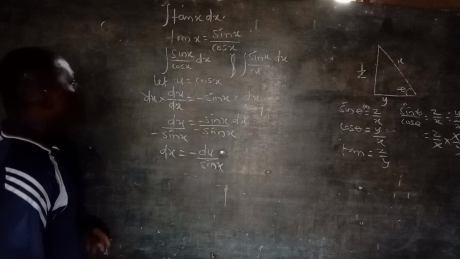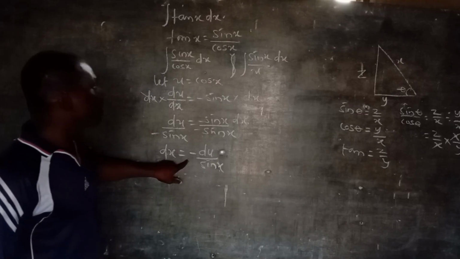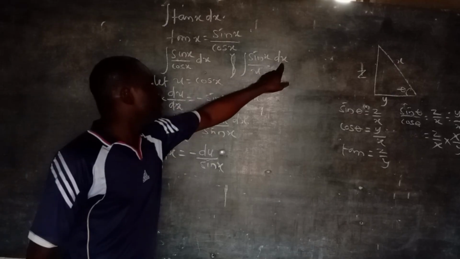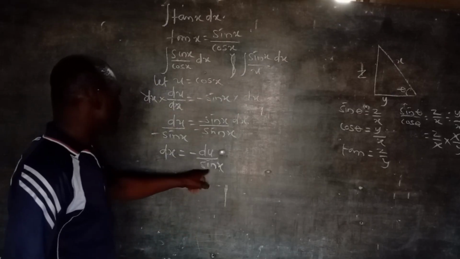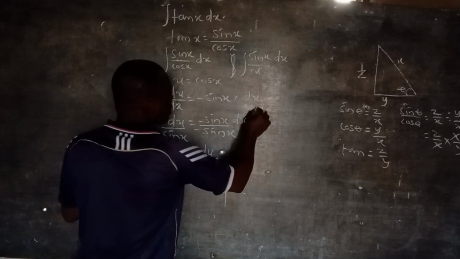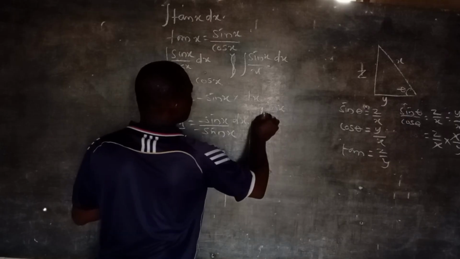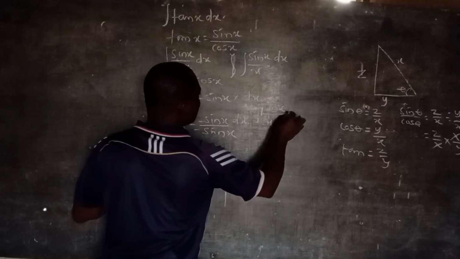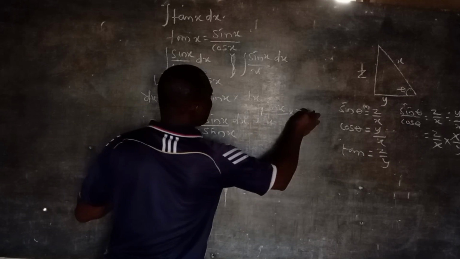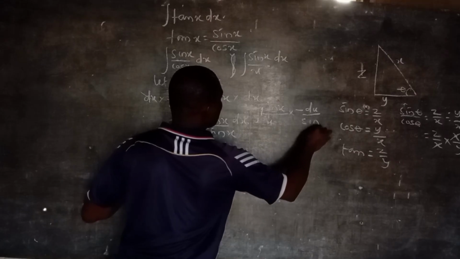So all we need to do is, whenever we notice there is dx, we replace it with negative du over sine x. So here, let's do that now. This becomes the integral of sine x over u times minus du over sine x.